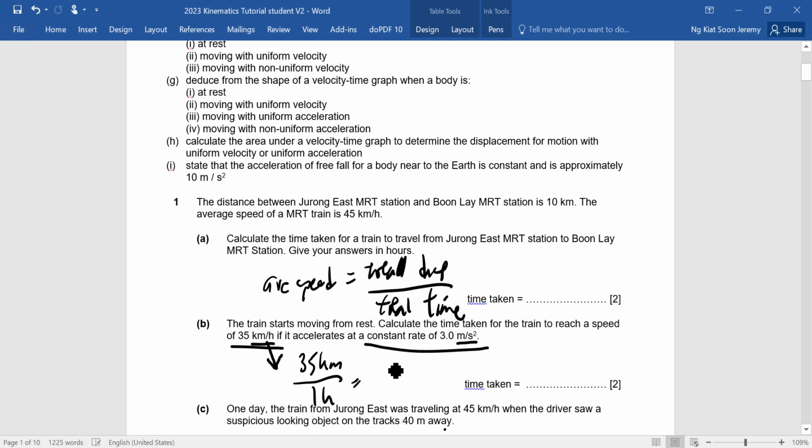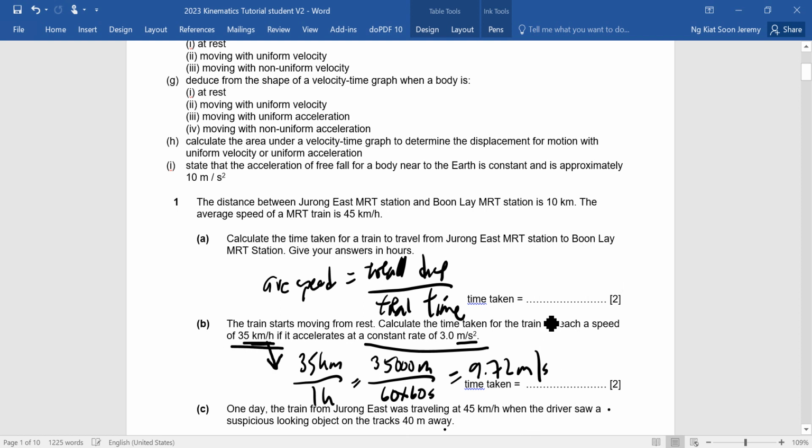I convert the numerator to meters and the denominator to seconds, and I get something like 9.72 meters per second. This is the final speed of the train, converted from this value.